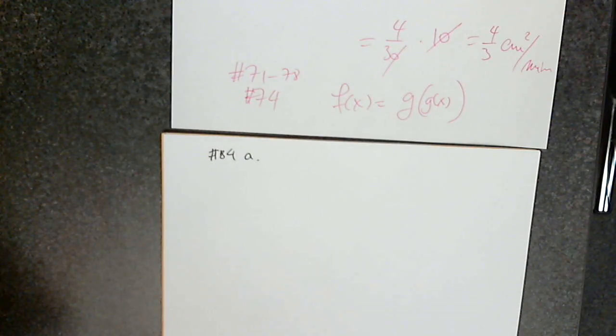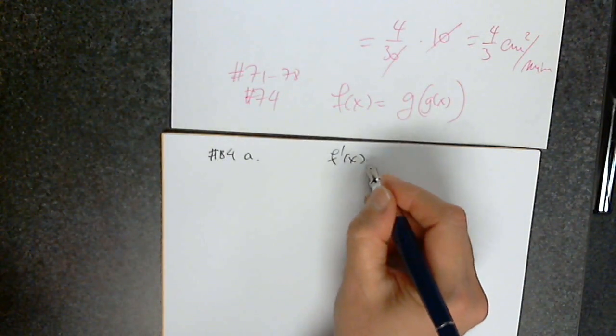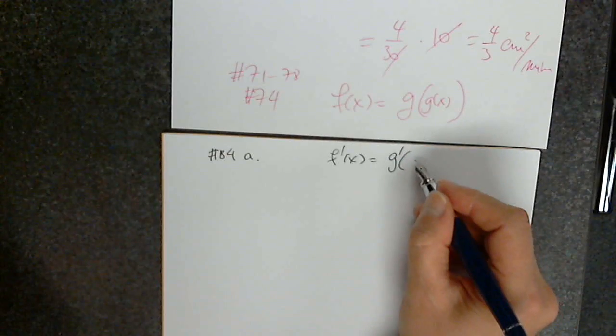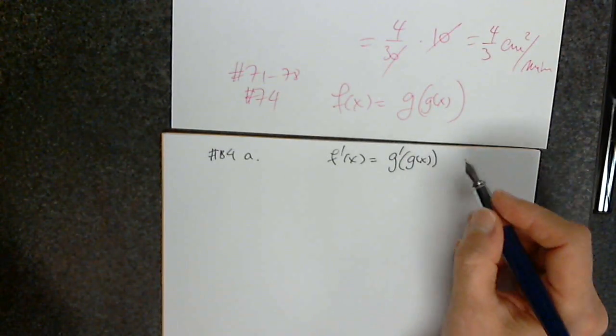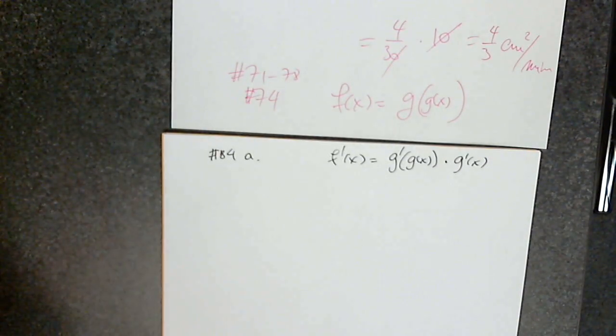Do we have an answer for 74? g of x times. Very good. Remember the chain rule, no addition. Okay, 84a.